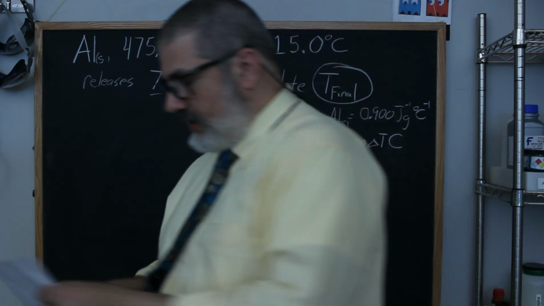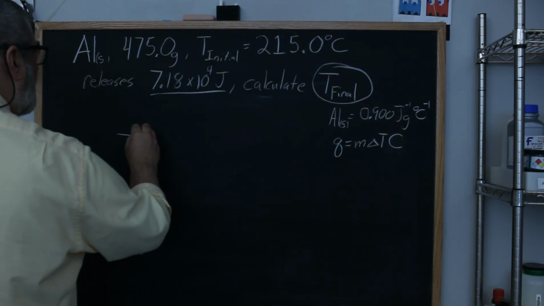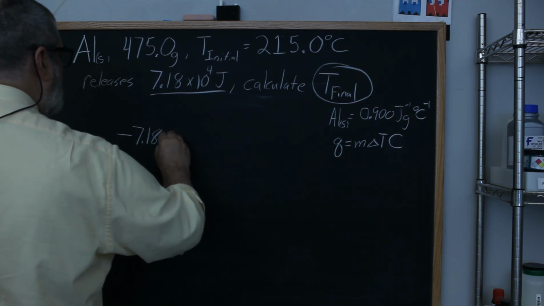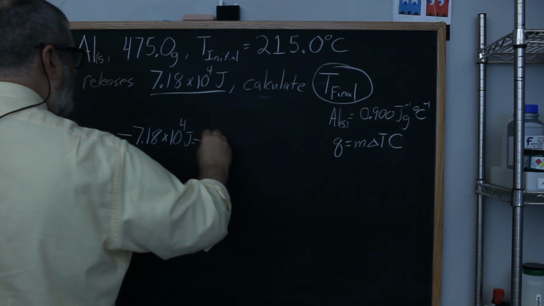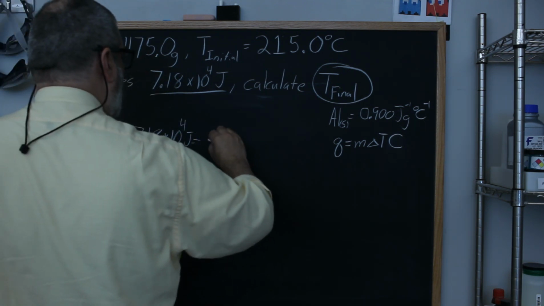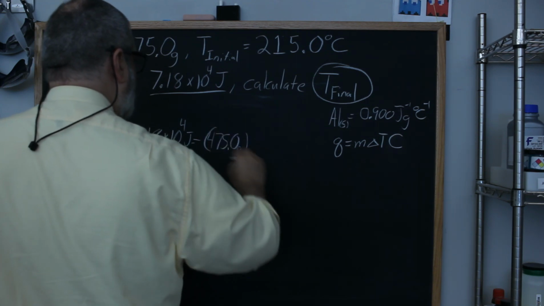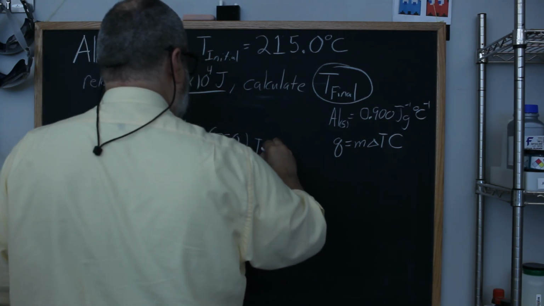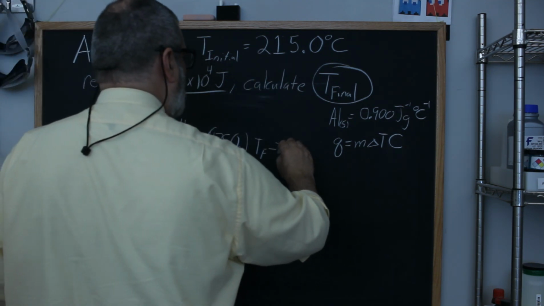So when you set this up, we have negative 7.18 times 10 to the 4th joules equals 475 grams of aluminum times T final minus T initial, but we know what T initial is, right?